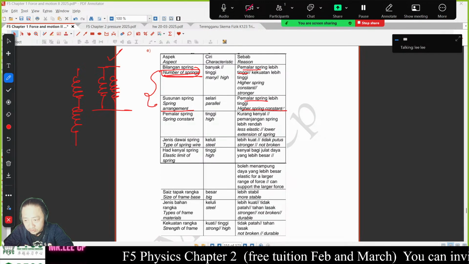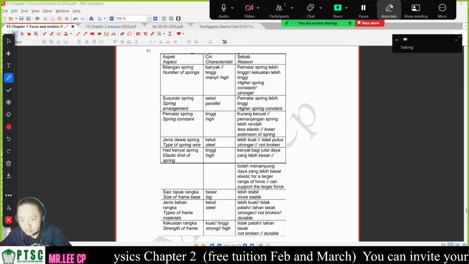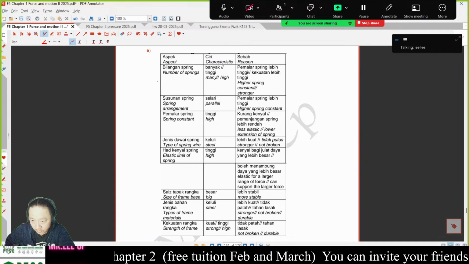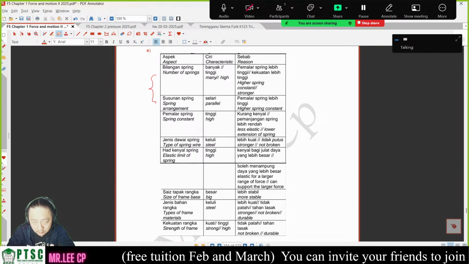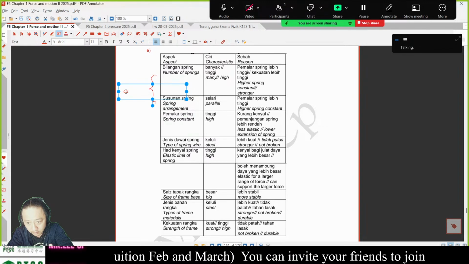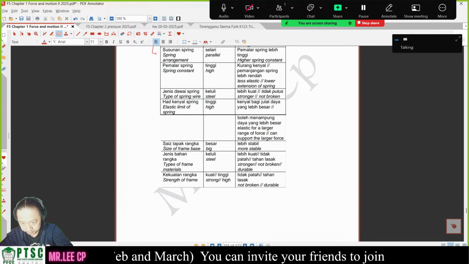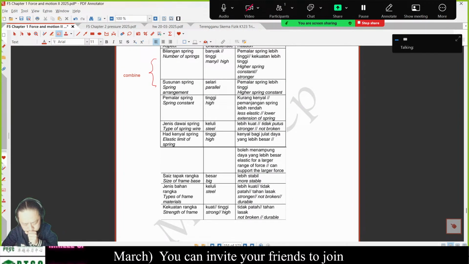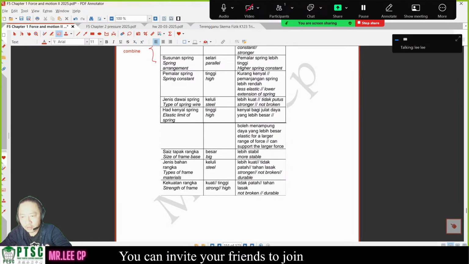These two, you combine this one. Excuse me. Now, string constant high. All right.